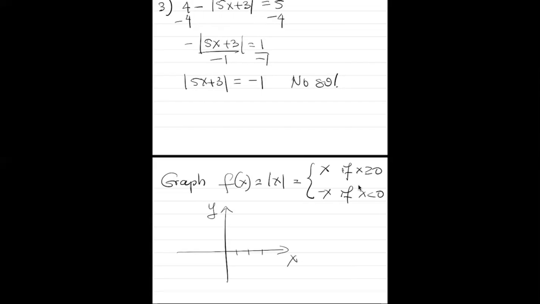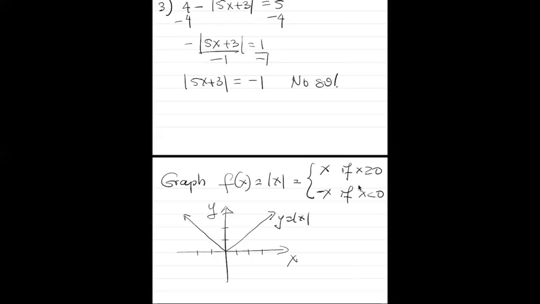We can make a table, or you can think the first branch is y equals x for x greater or equal than 0. It's a line with slope 1 and y-intercept 0. Then we have the second branch, y equals -x for x negative. So we have this branch. So this is the graph of absolute value of x.